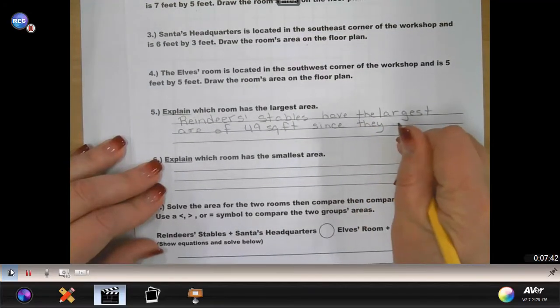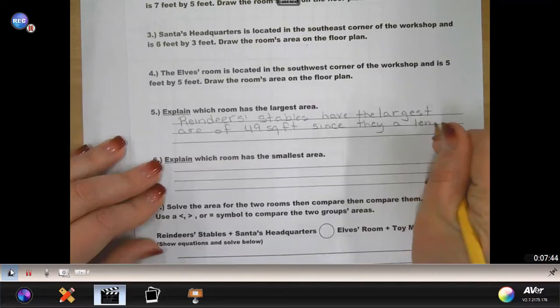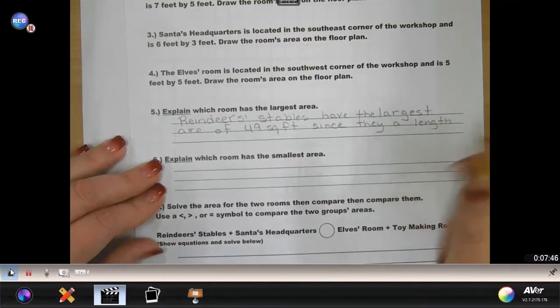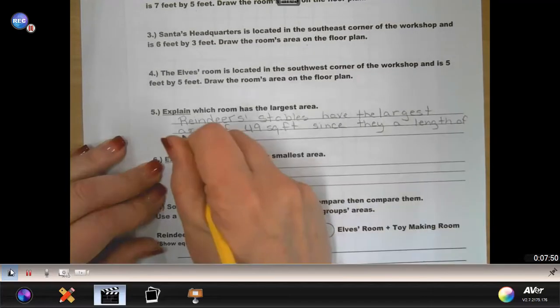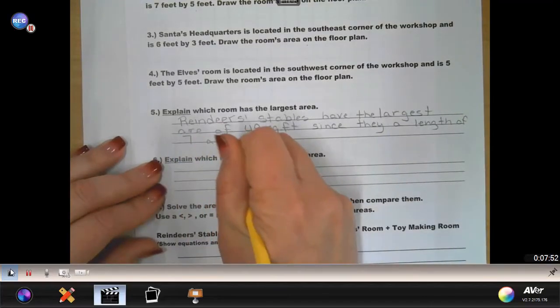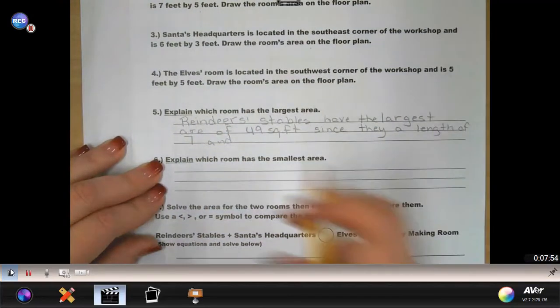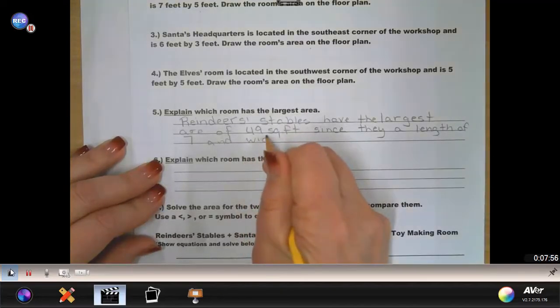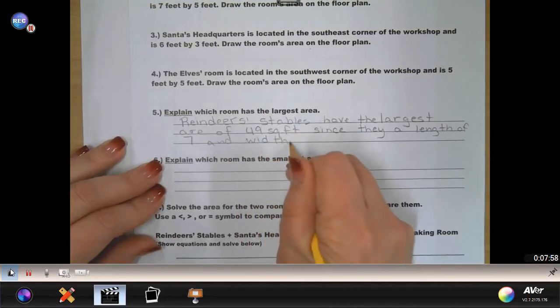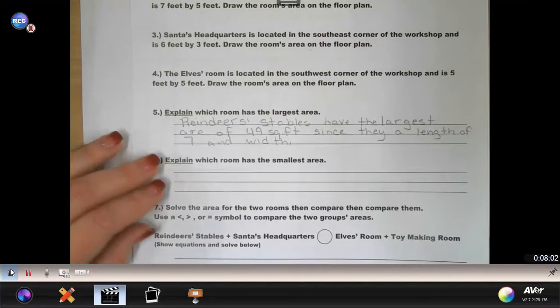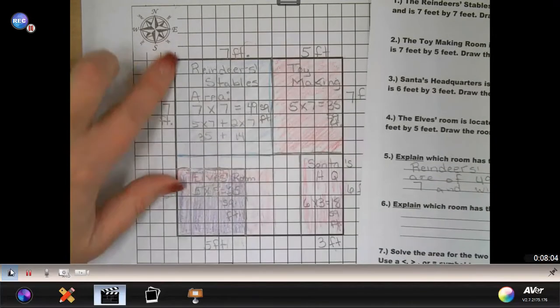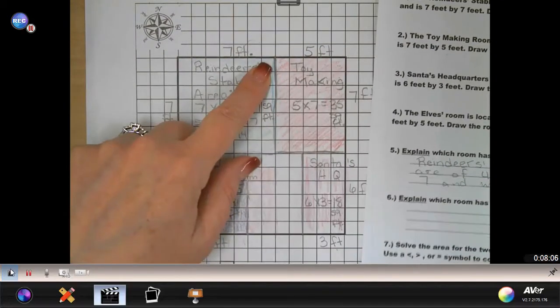It has a length of 7 and a width of 7. So out of these rooms, this room happens to have the longest width and the longest length using the 7 by 7 here.